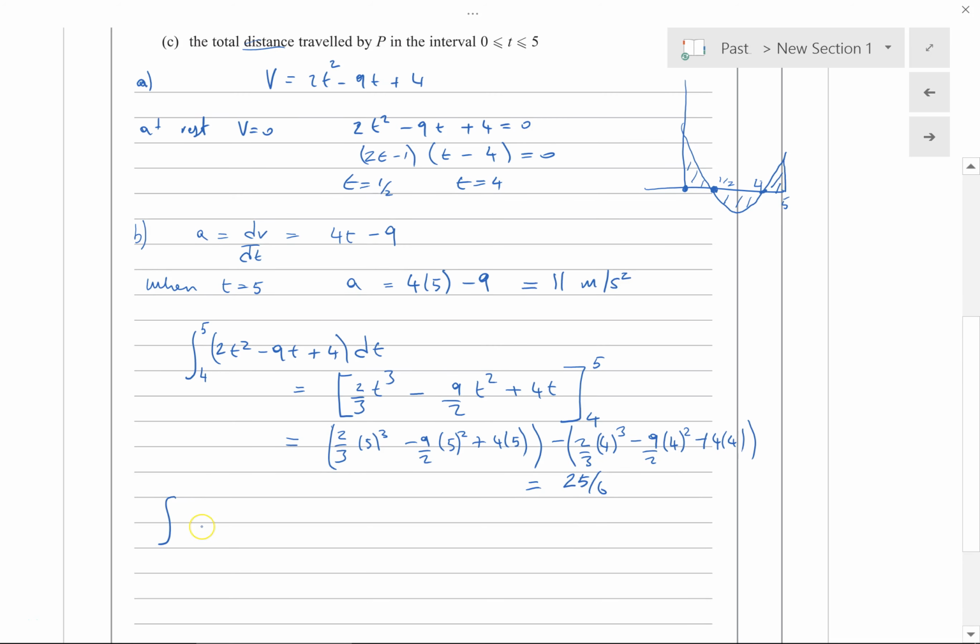And then if I integrate now for the 4 to the half bit, I've got the integral of 2t squared minus 9t plus 4 dt. That will be equal to 2/3 times 4 cubed minus 9/2 times 4 squared plus 4 times 4, take away 2/3 times a half cubed minus 9/2 times a half squared plus 4 times a half.